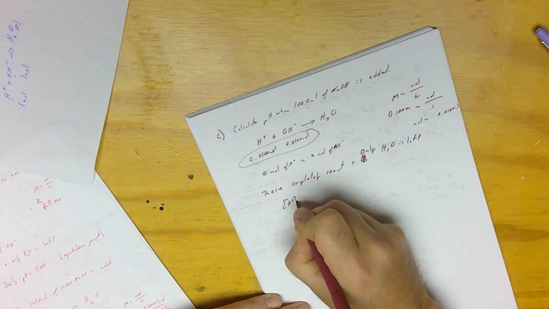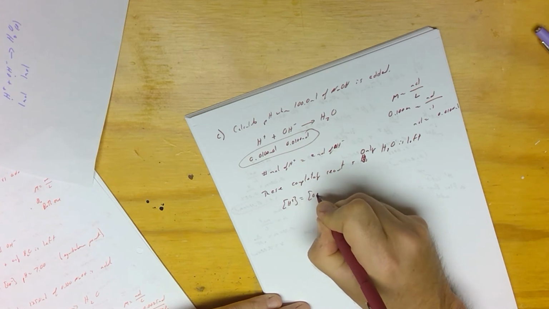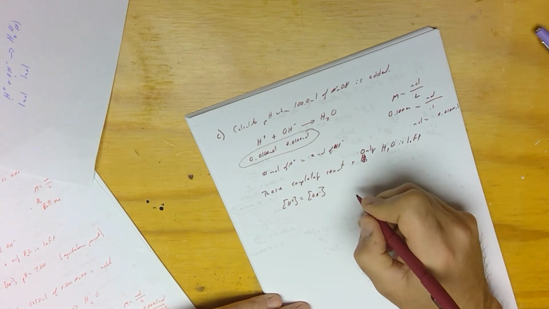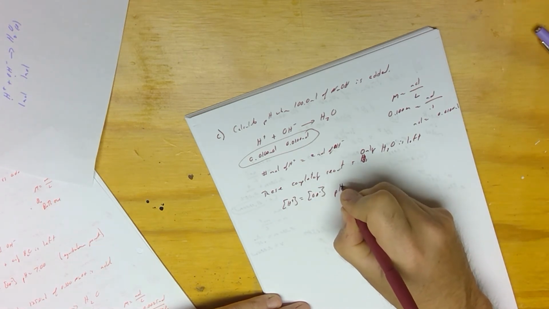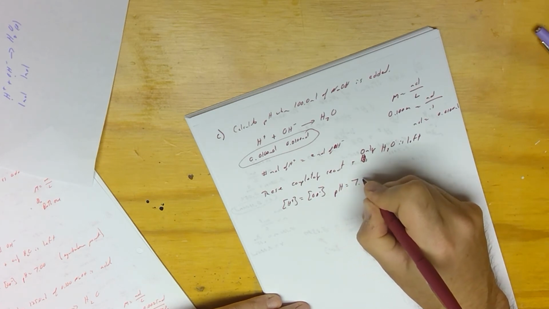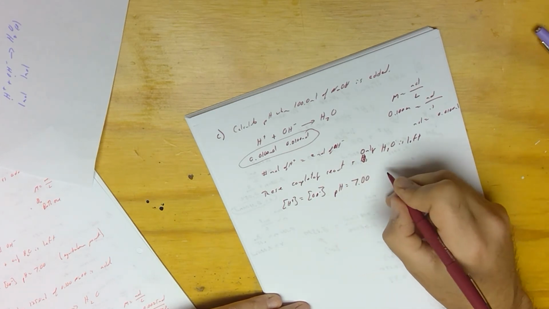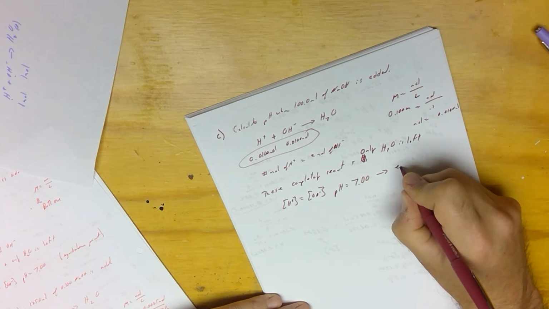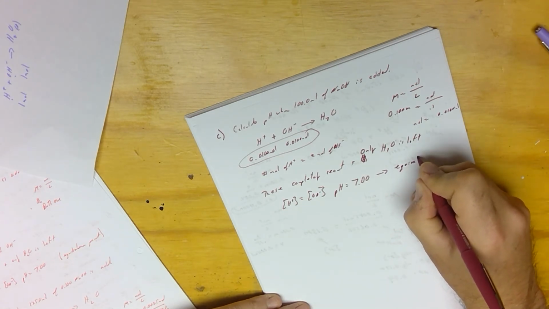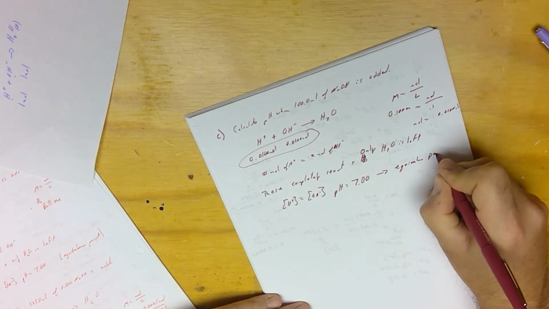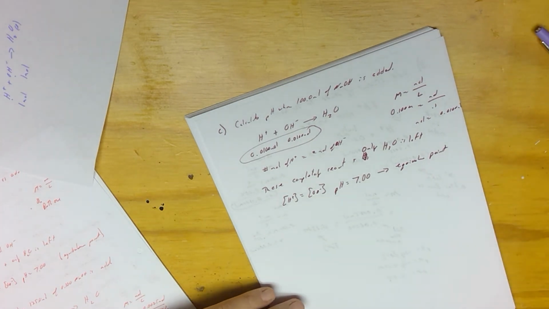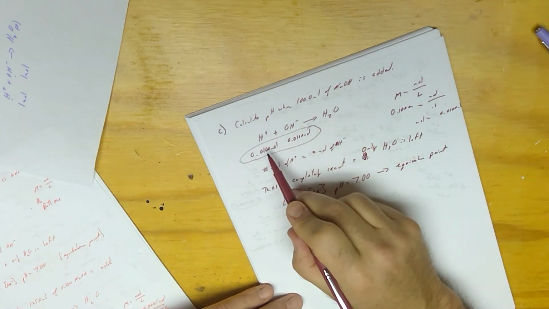Well, when the concentration of H plus is equal to the concentration of OH minus, we know that the pH is equal to 7.00. And this is our equivalence point, when these are equal.